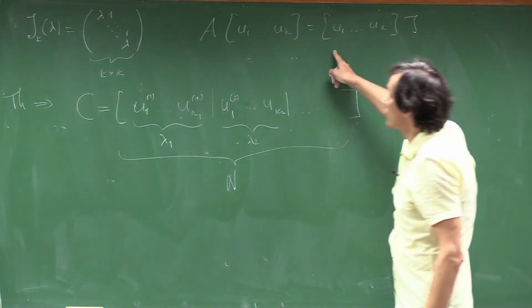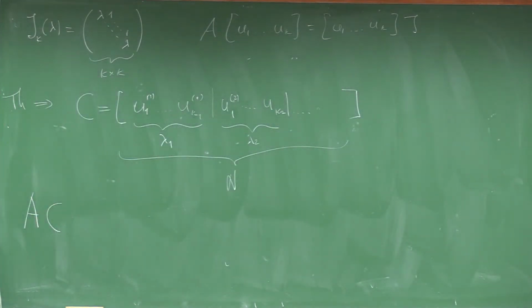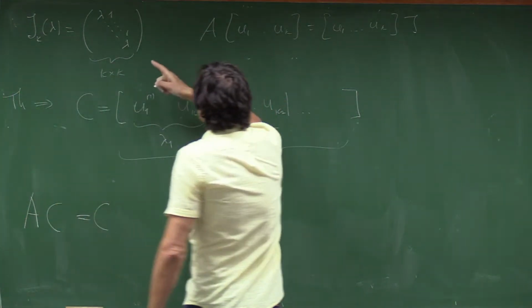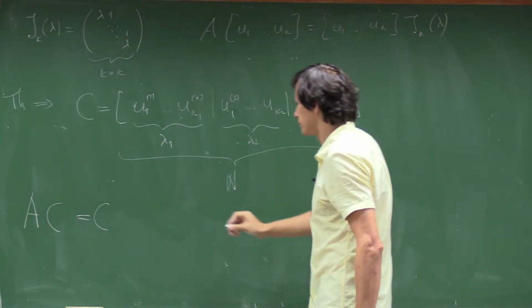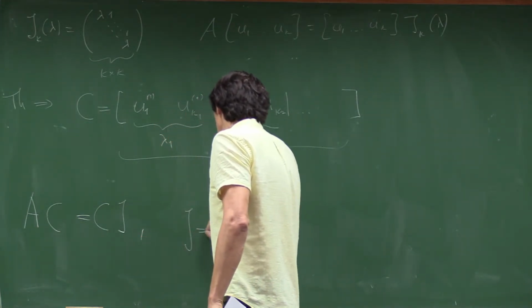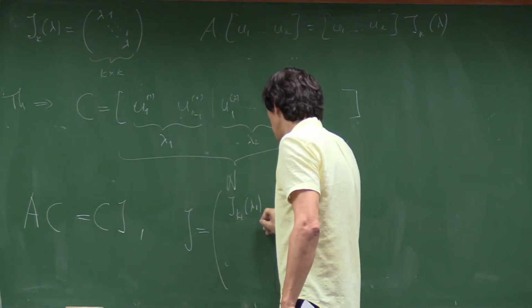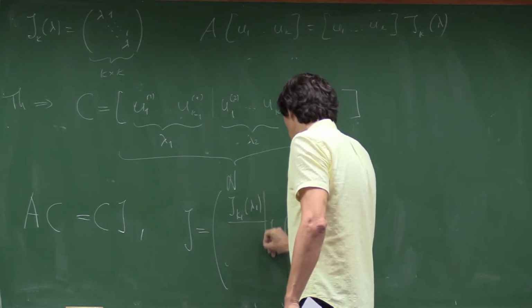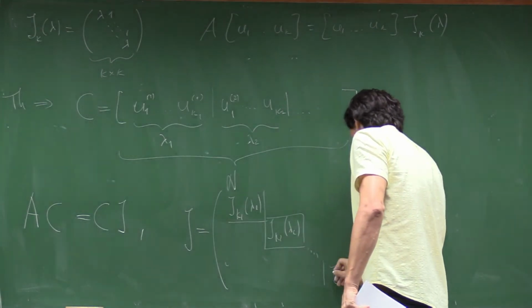And then what you get from here is that whenever you multiply A by C, it's the same as C multiplied by J, and this J is a matrix with blocks J_k1 of lambda 1, J_k2 of lambda 2, and so on.